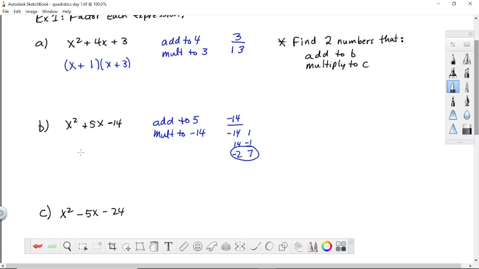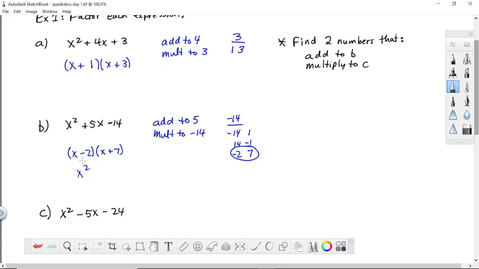So we simply use those to make the binomials. So we have x minus 2 and x plus 7. So that should be the factored form of this quadratic. And we can check it real quick. I won't write anything down except to say, x times x is x squared.